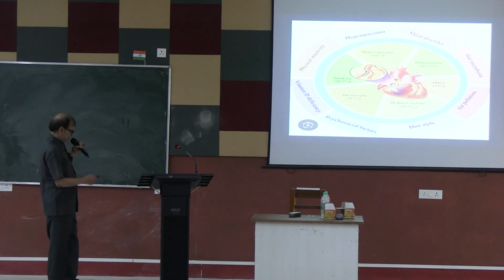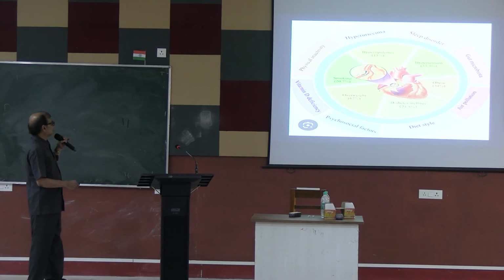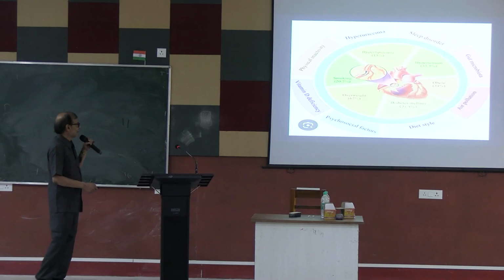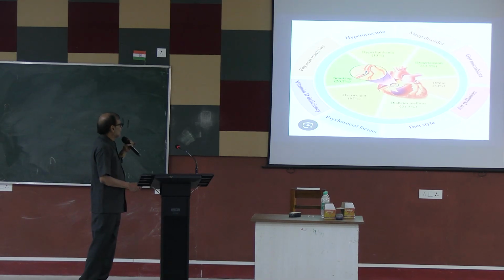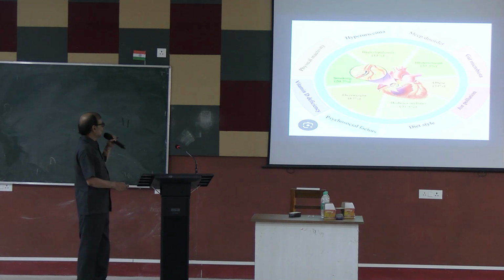In summary, psychosocial factors, vitamin D deficiency, physical inactivity, hyperuricemia, sleep disorders, gut microbial flora, air pollution, diet style, diabetes mellitus, overweight, smoking, hyperlipidemia, and hypertension, as well as obesity.